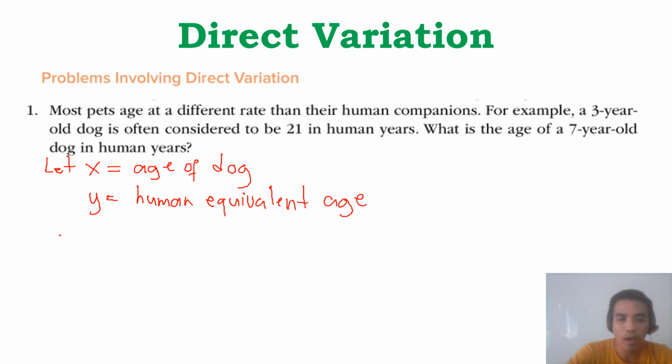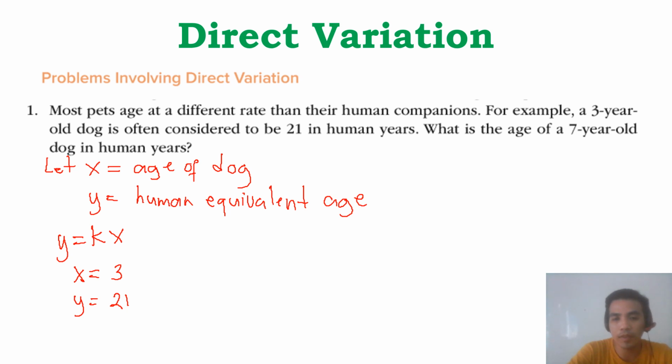Okay, first, may given tayo. Yung age ng dog is 3, and that is equal to the human age of 21.